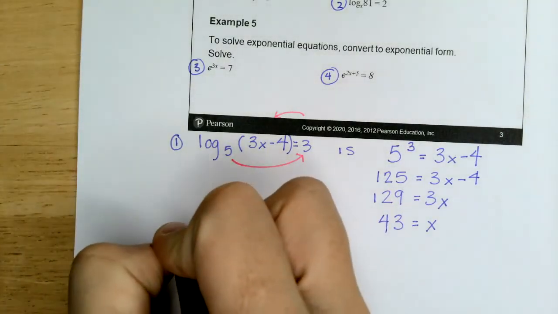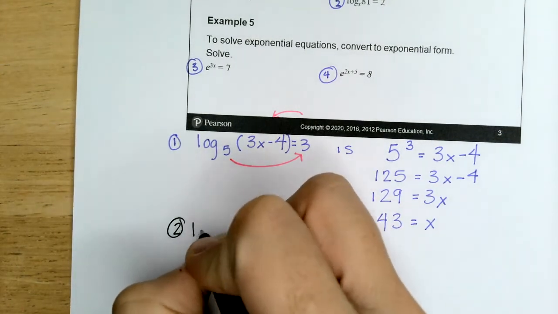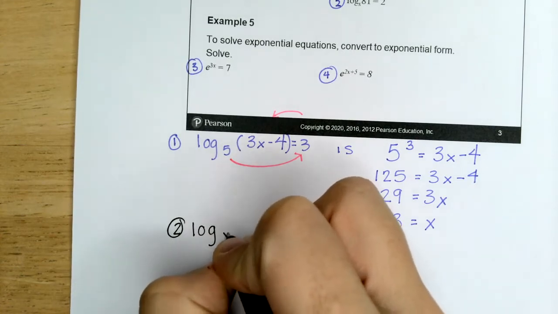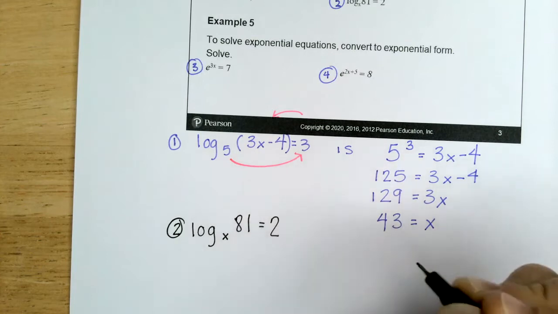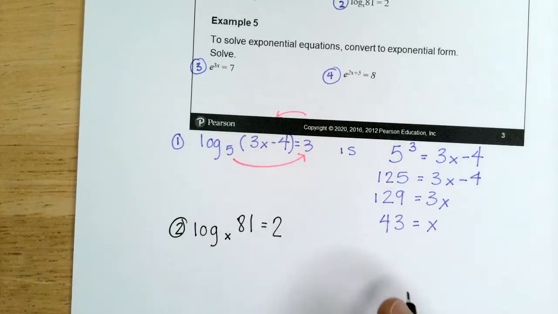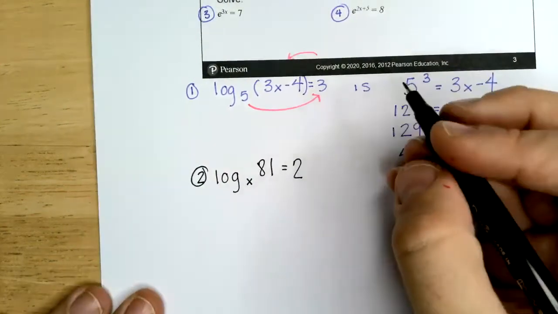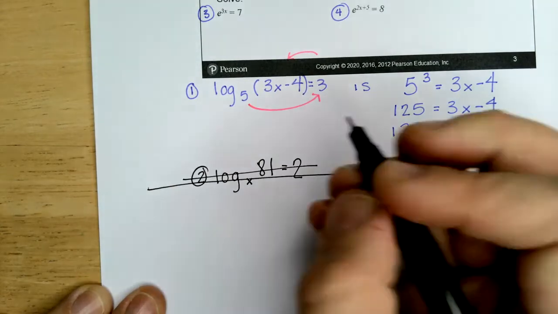Now let's do number 2. Number 2 is the log base x of 81 is 2. All right.